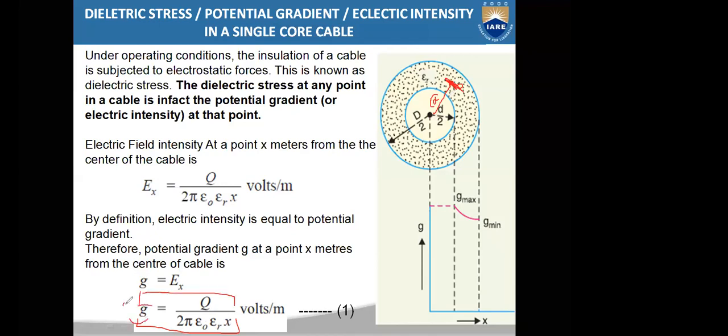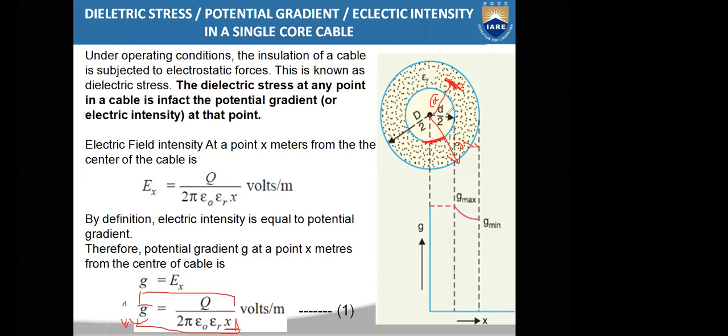From this expression, g is inversely proportional to x. As x keeps increasing, the g value decreases. So as you move from the center of the conductor toward its surface, the electrostatic forces decrease.